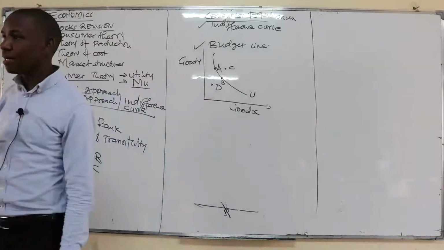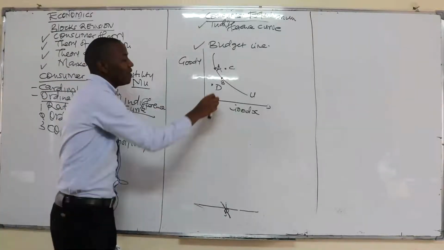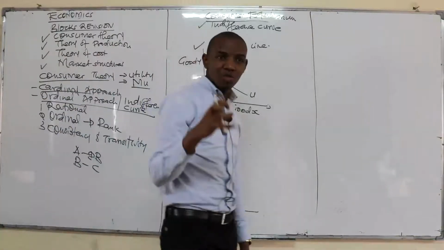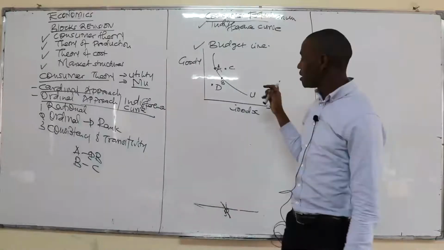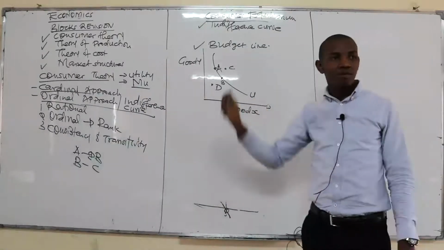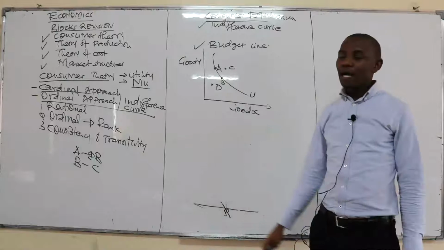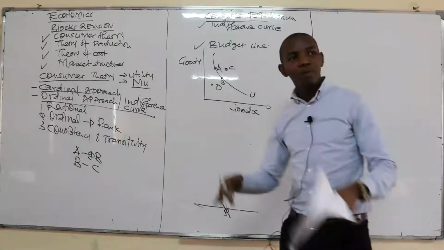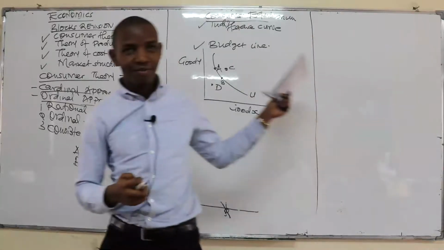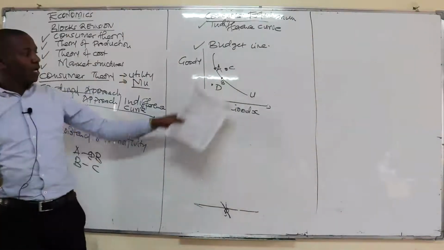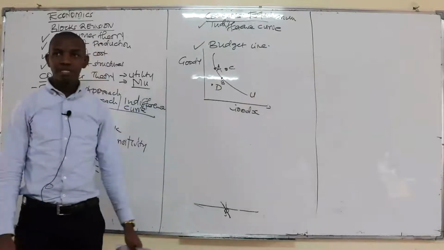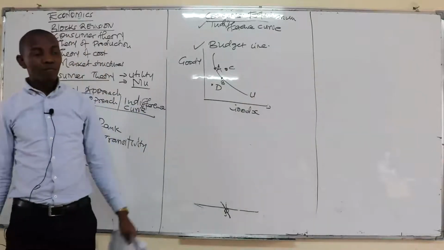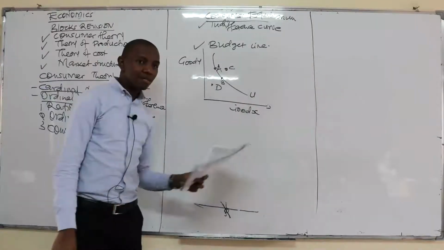Now at point D, in this case, it means that the consumer is consuming small quantities of these two goods, X and Y. And for him to achieve point C, he must consume large quantities of good X and good Y. Are we together? That is what we mean in that regard.